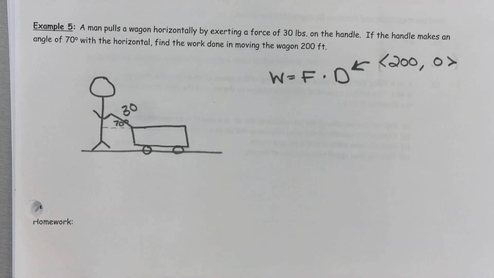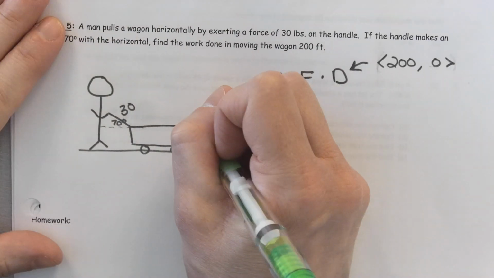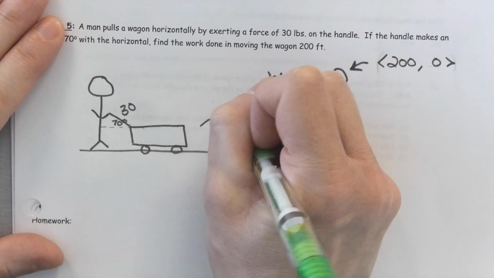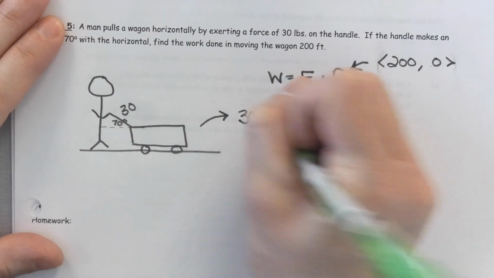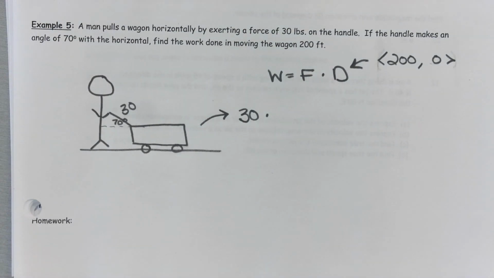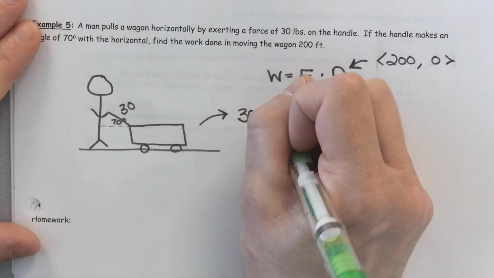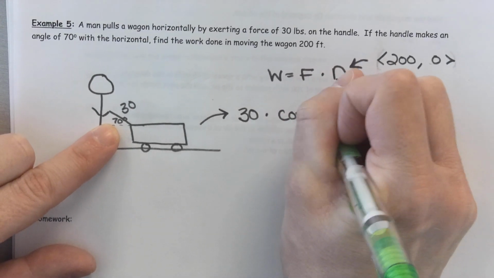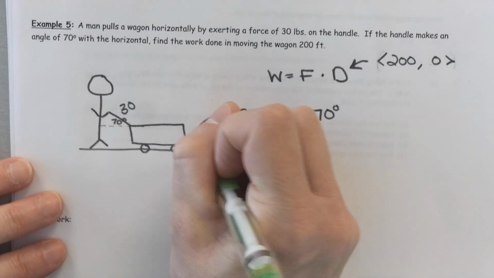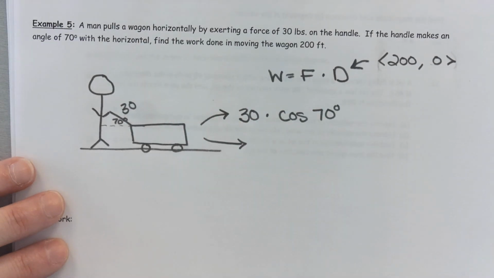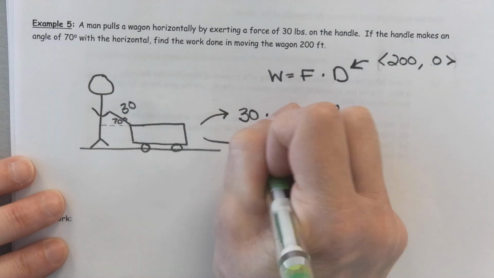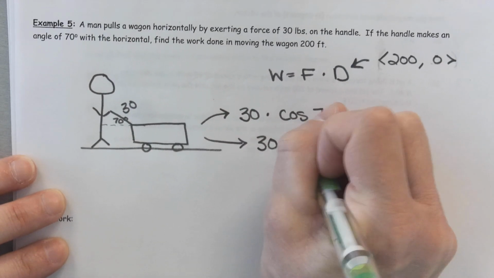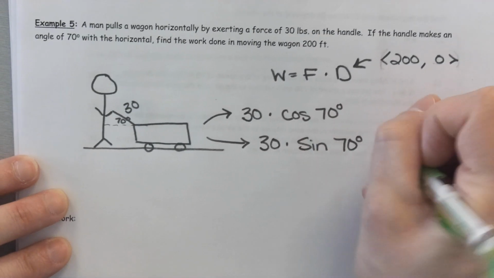So when we go for the force, we're going to find the horizontal and the vertical components. For horizontal, we've got 30 for our magnitude, the amount of force. So it's 30 pounds times, just like what we were doing on Friday, the cosine of the angle measurement. How am I going to find the vertical component? 30 times the sine of 70 degrees.